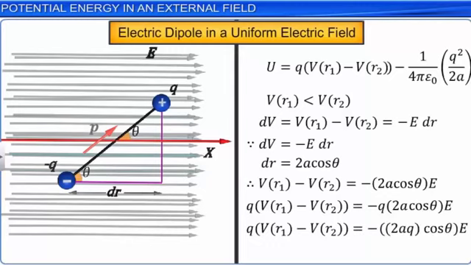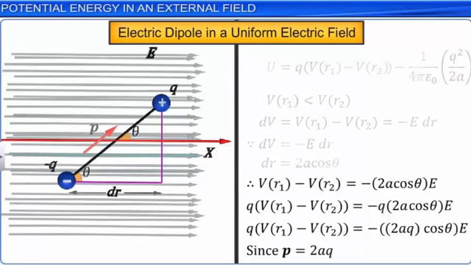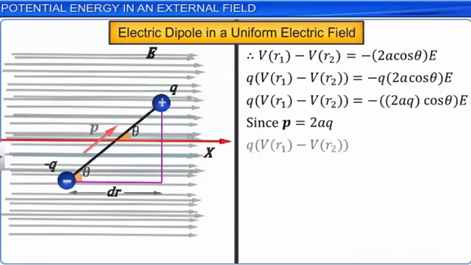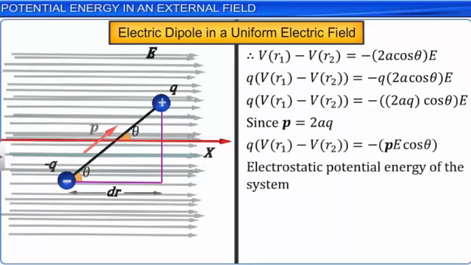And since dipole moment P is equal to 2aq, this can be written as minus PE cos θ. Now the electrostatic potential energy of the system can be written as minus PE cos θ minus 1 by 4 pi epsilon naught q square by 2a.